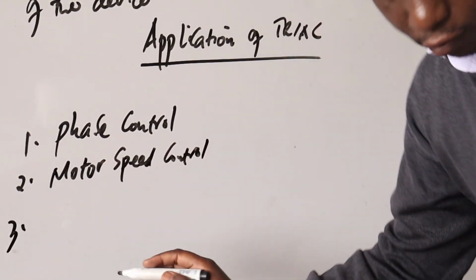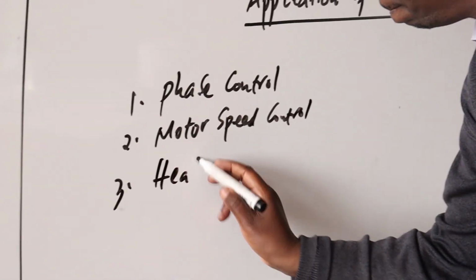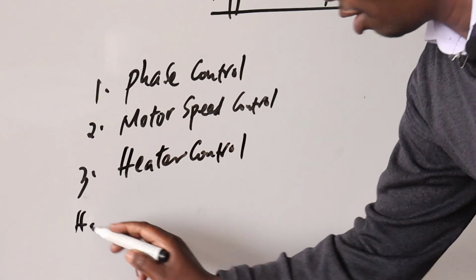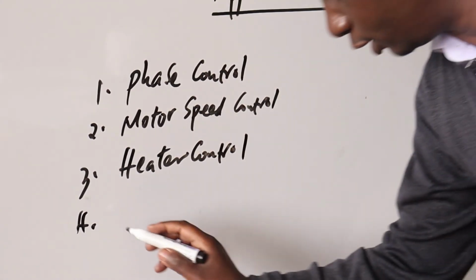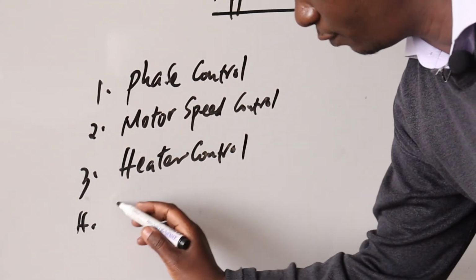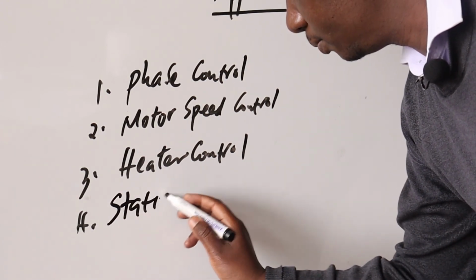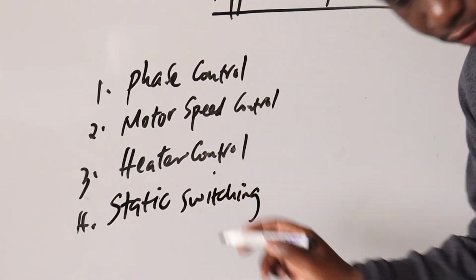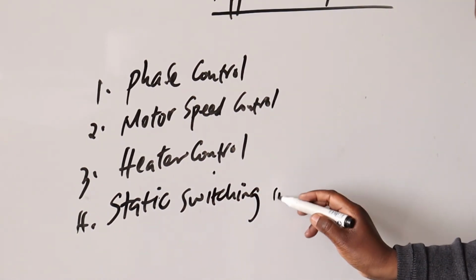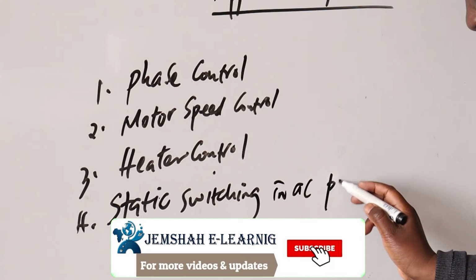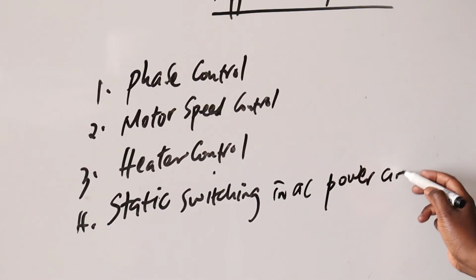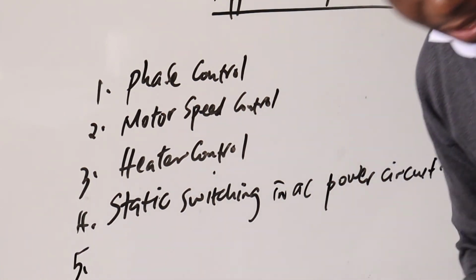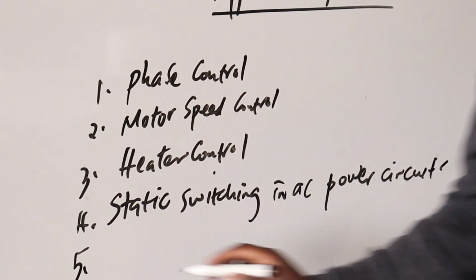Number 3, the heater control. Number 4, the static switching in AC power. And lastly, among the examples, the light dimming control.